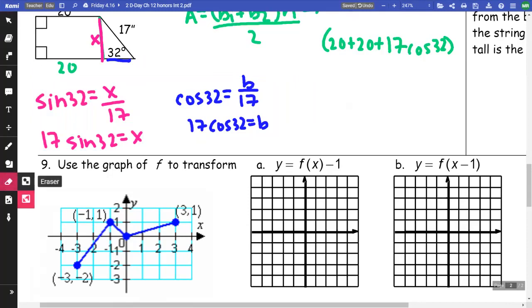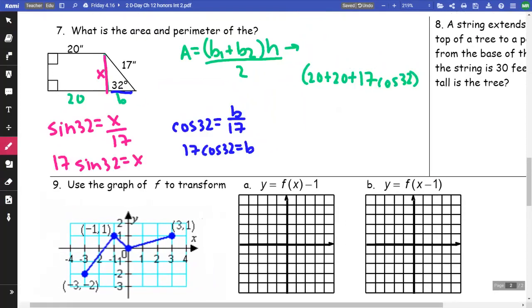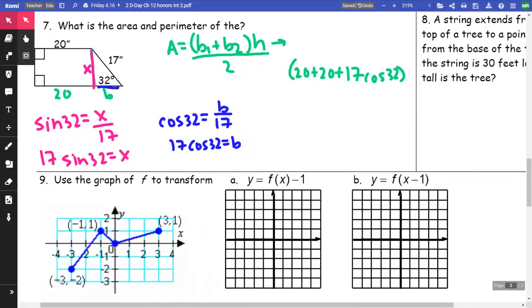Okay, and let me just rewrite my B. Okay. So for this, again, for my area, I am going to take this. Hold on one sec.